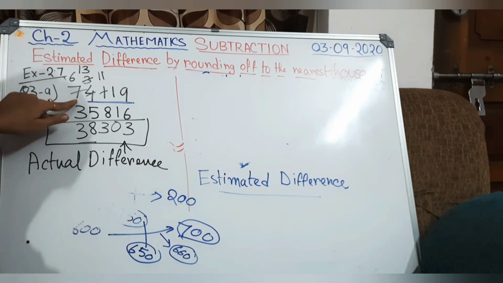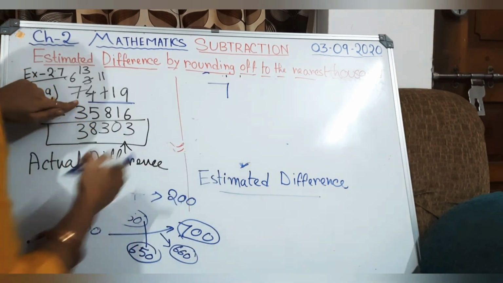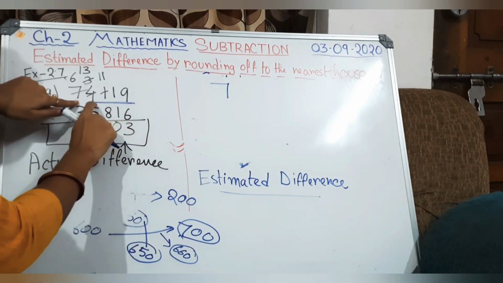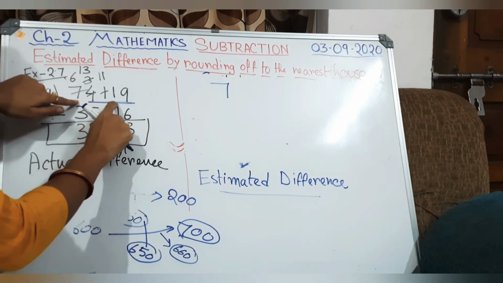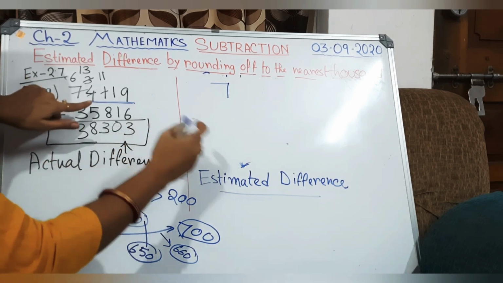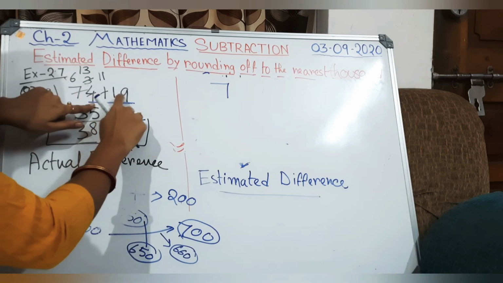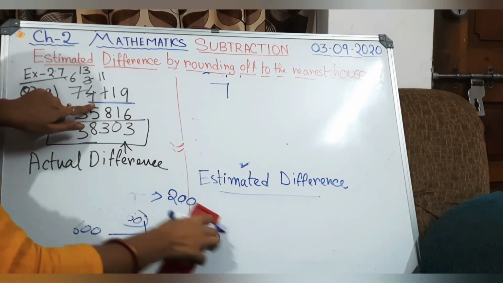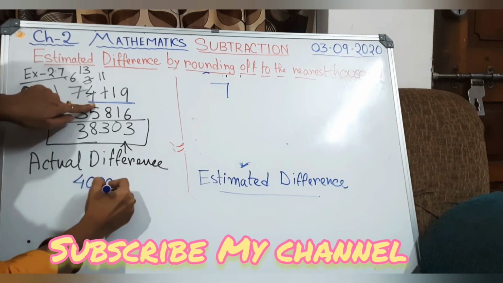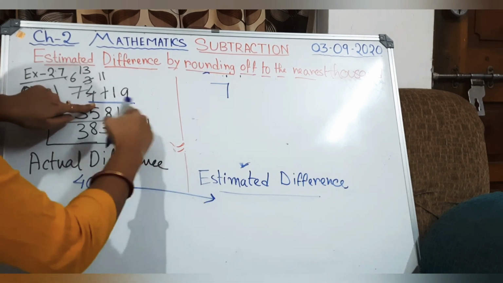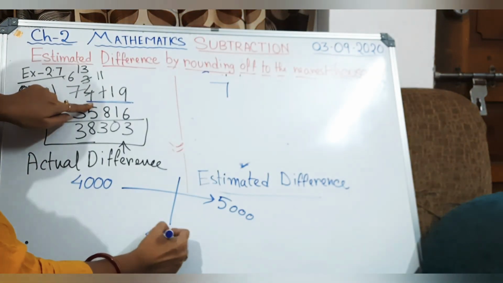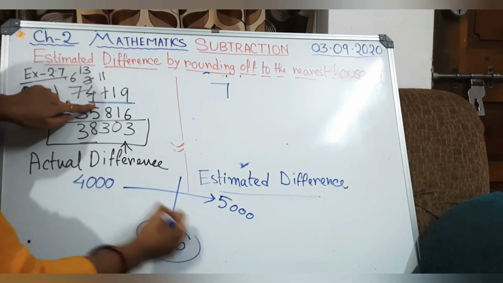So students, here 7 will be as it is. Now you consider this number 4,190. So you have to keep in your mind the number scale. 4,190 means this scale is starting from 4,000 and the last limit is 5,000, and in between 4,500 comes.